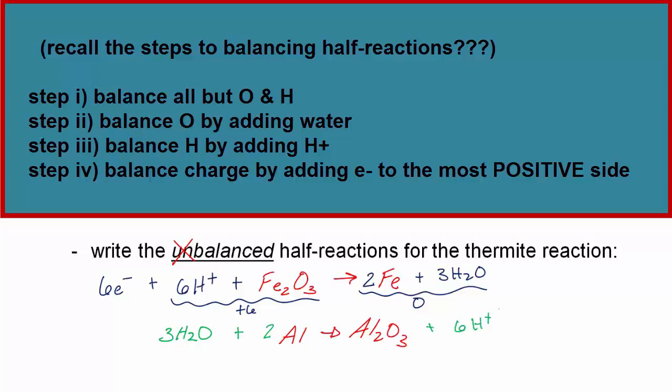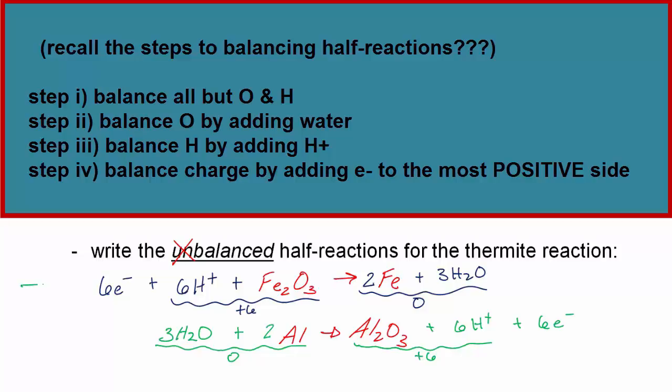Now the charge by adding electrons to the most positive side. Multiply the coefficient times the charge. 3 times 0, 2 times 0. This side's 0. The other side, 1 times 0 plus 6 times 1. This is +6. So I have to add 6 electrons over here.